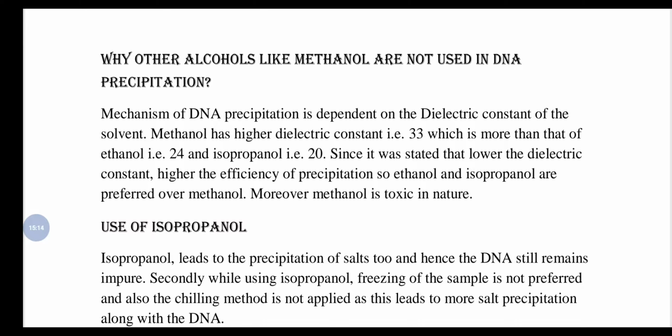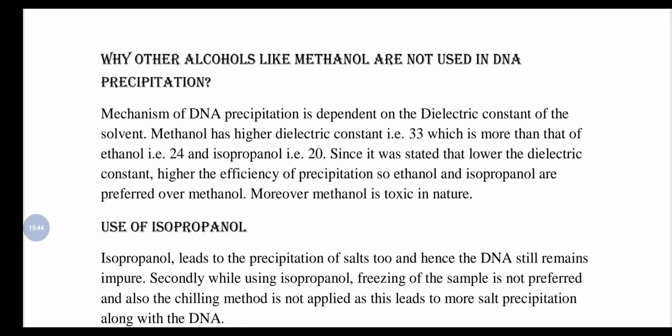If the solvent has a lower dielectric constant, the force of attraction between the two oppositely charged molecules will be higher. But if the dielectric constant of the solvent is high, the force of attraction between the two oppositely charged molecules will be low. At that moment, the salt will not be able to form bonds with the DNA.